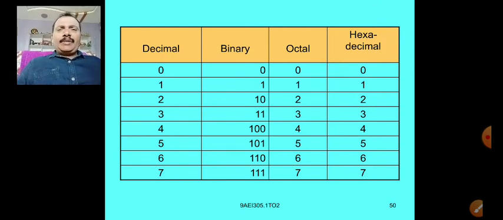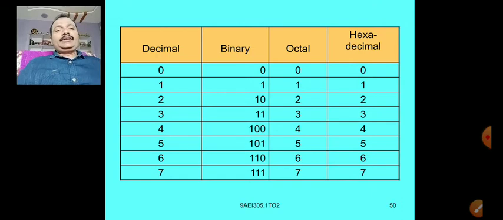There is no limit. You can freely go on writing the numbers in decimal. Similarly, in other systems also, binary, octal, hexadecimal, you should be able to write the numbers in increasing order freely, as you are able to write in decimal.